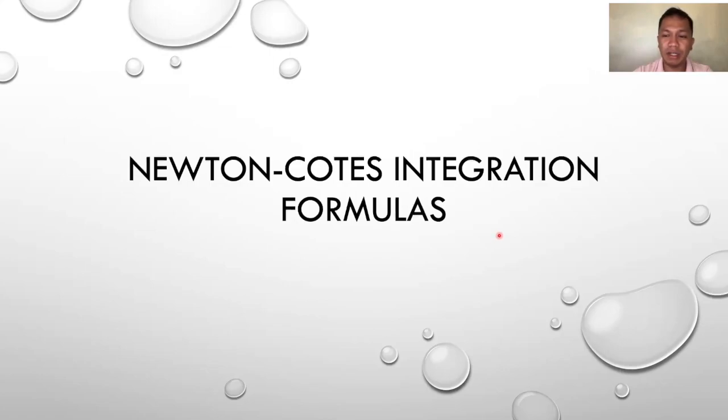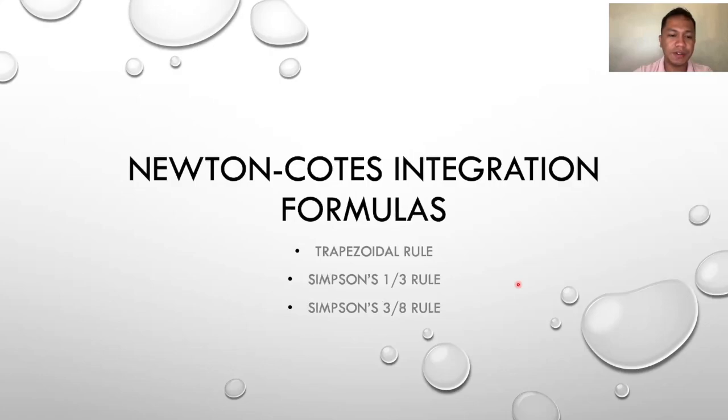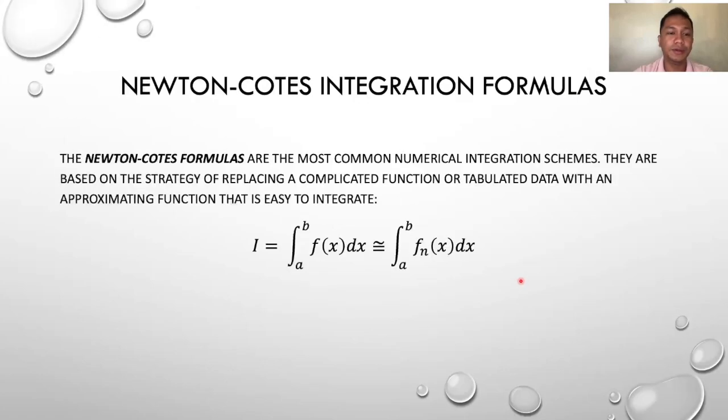All the above materials relate to closed integration, where the function values at the ends of the limits of integration are known. These are the trapezoidal rule, Simpson's 1/3 rule, and Simpson's 3/8 rule.